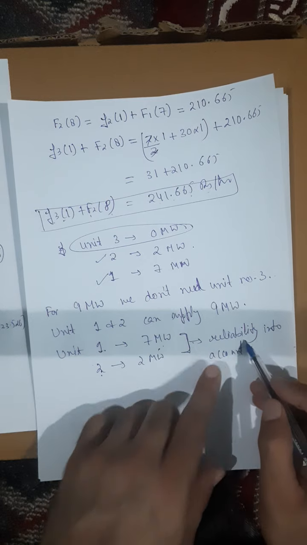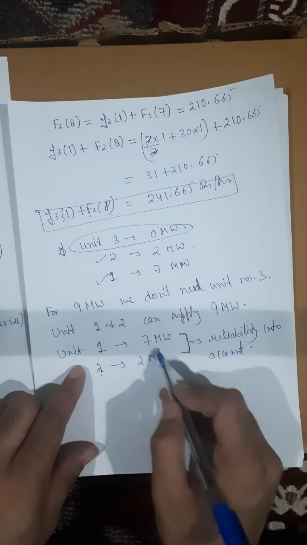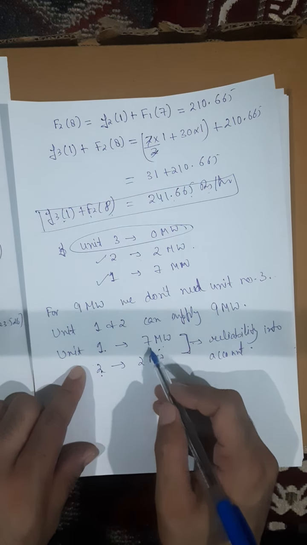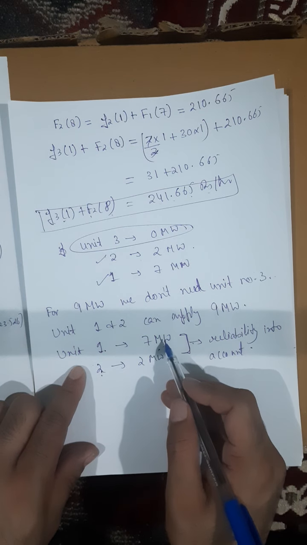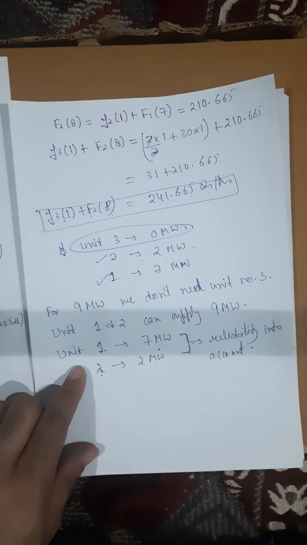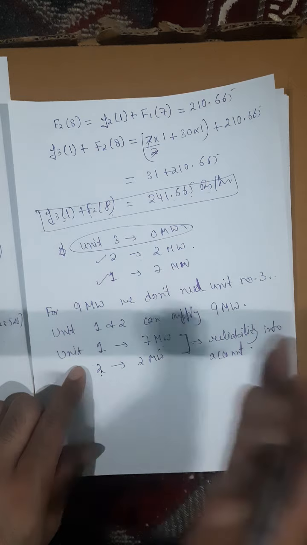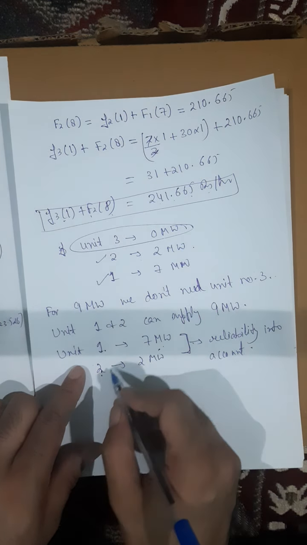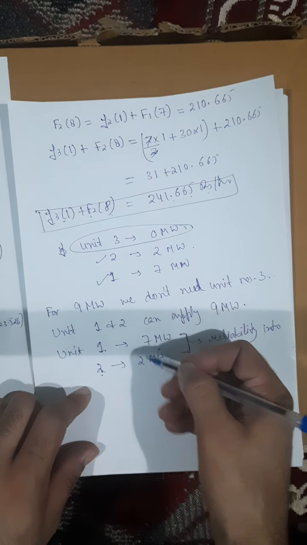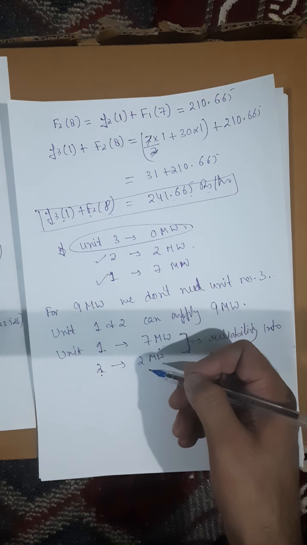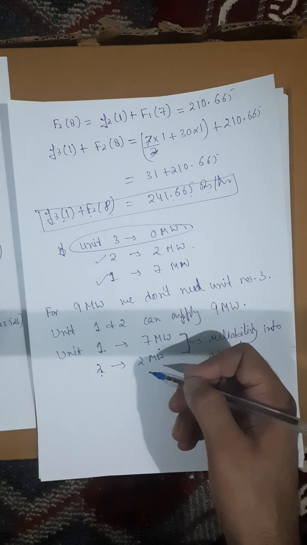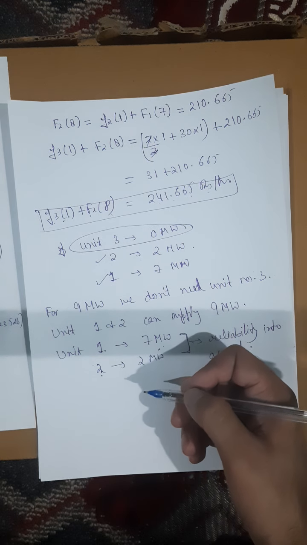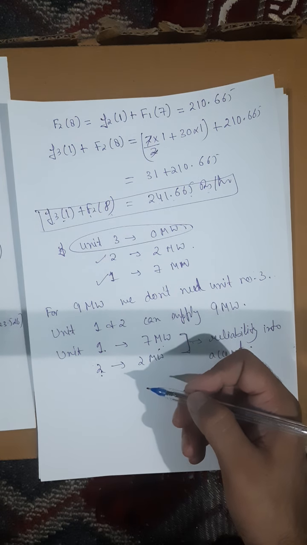So even if there is failure in any one of these 2 units, or some fault in that unit, or we have to take out that unit for maintenance purpose, still 9 megawatt can be supplied by the other unit because the capacity of each unit is 12 megawatt.